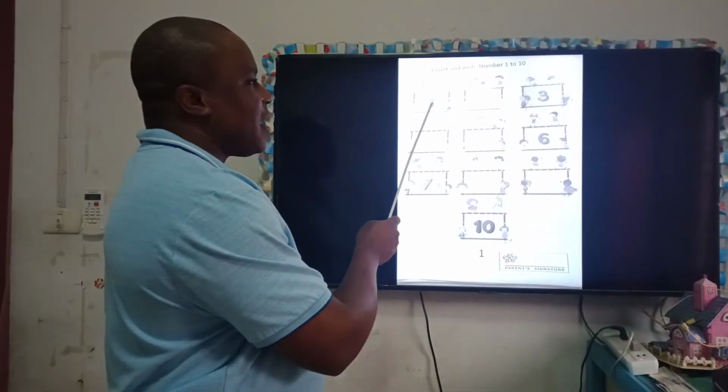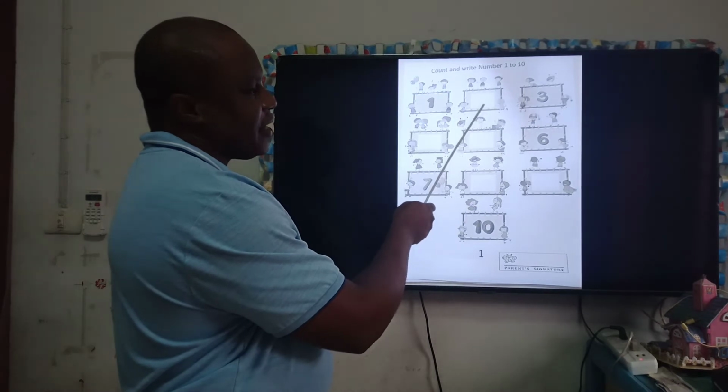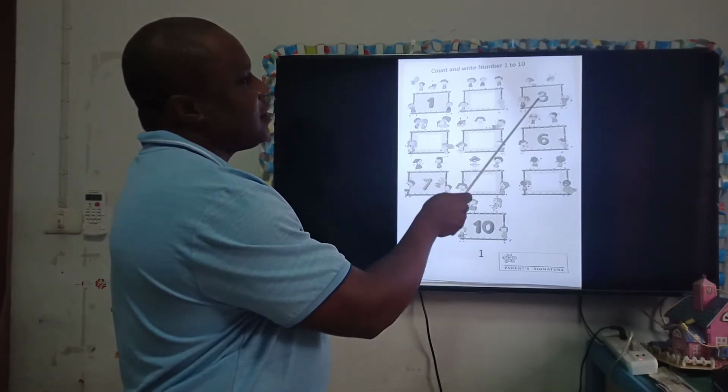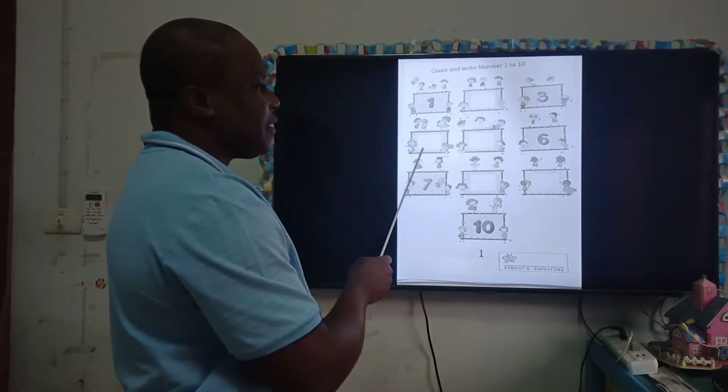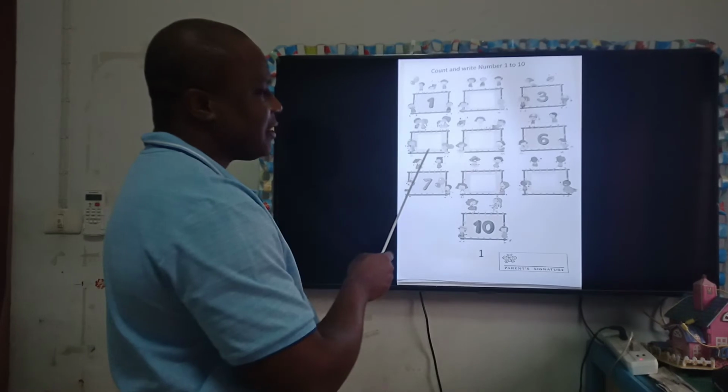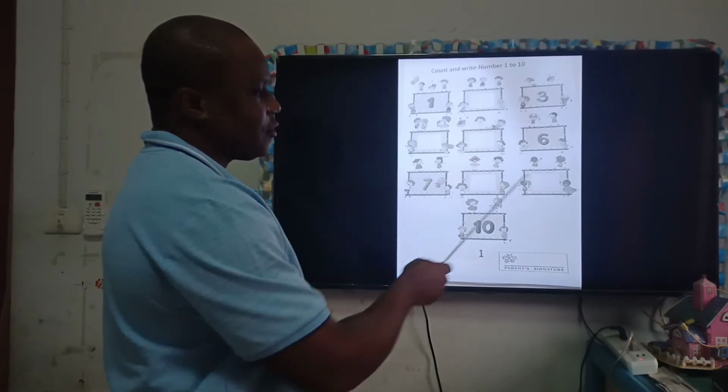When you go to your homework, the first thing I want you to understand is that after 1, the next number here, you will write it. You write the number that is supposed to be here. So 3, after 3, the next number, you write it, and in all the spaces, you write the correct numbers that are supposed to be there.